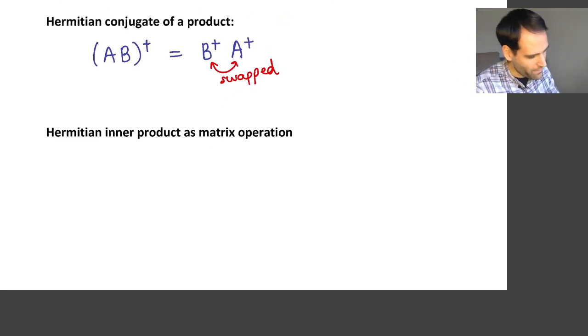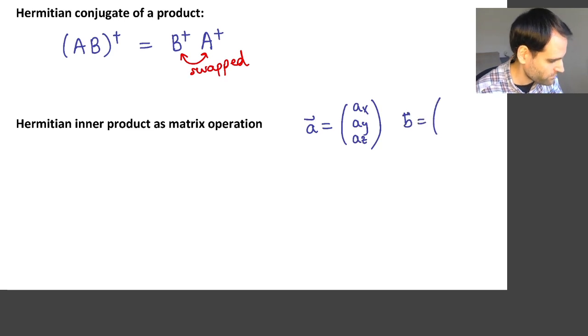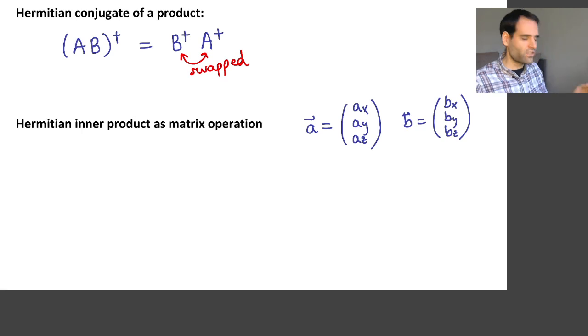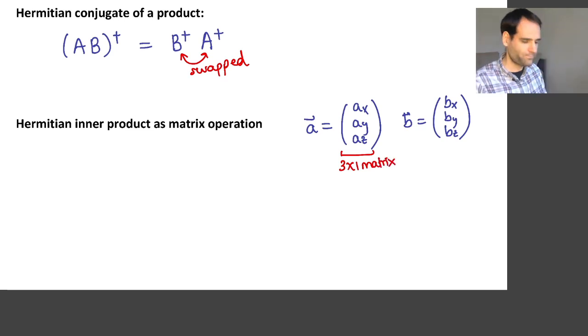So let's imagine we have two vectors, A and B. These are vectors that we write as a column, but the same as we did before, we could imagine these vectors to actually be a matrix. So this would be a 3 times 1 matrix.